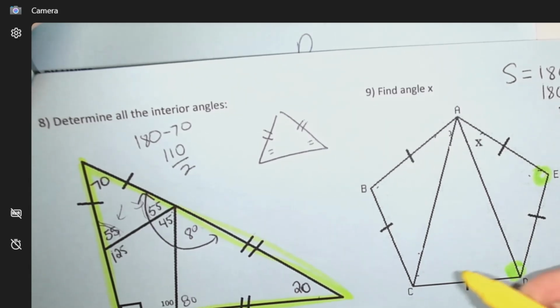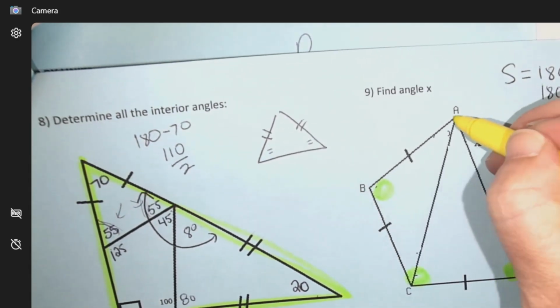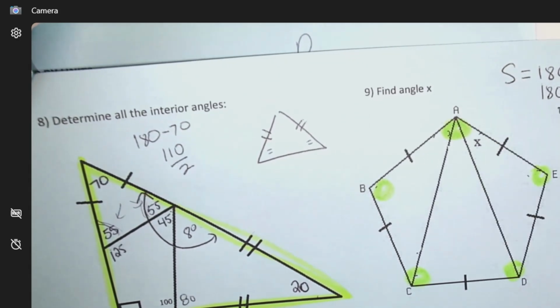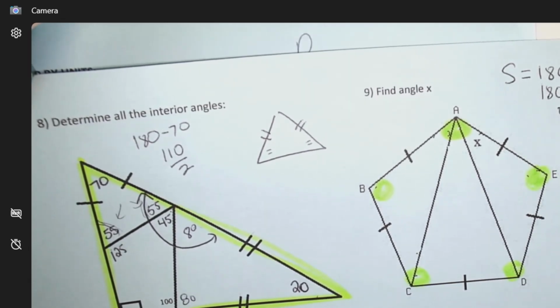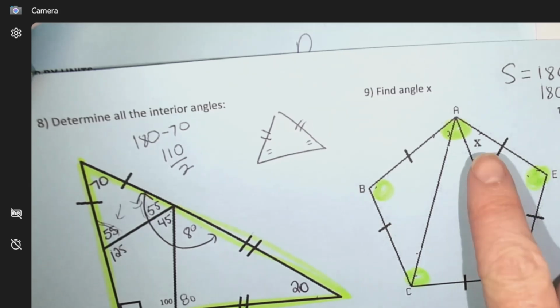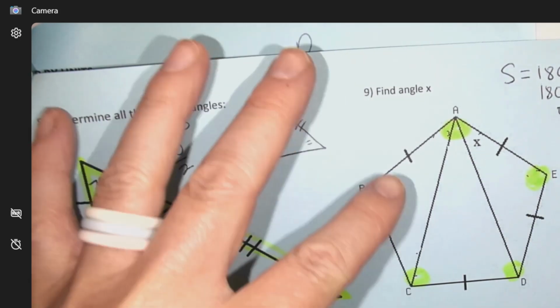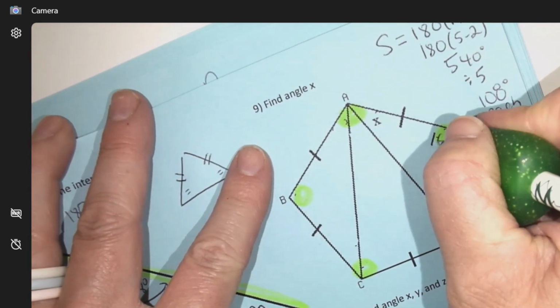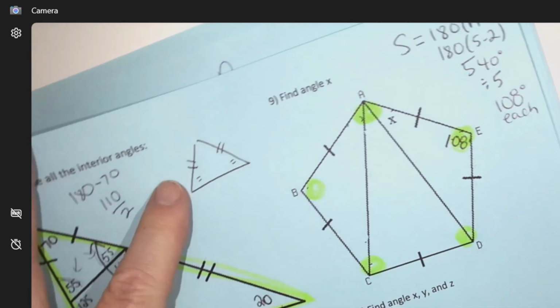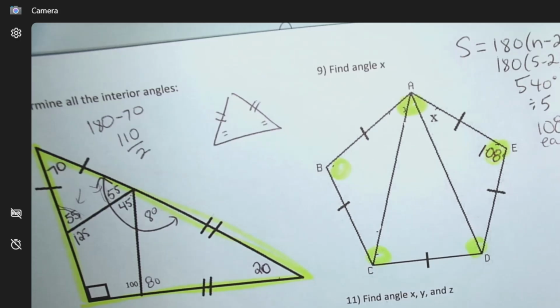This corner, this. Okay, each of those are 108 degrees. Okay, so x isn't 108 because that's not what I'm looking for there. But I'm going to write 108 in that corner.